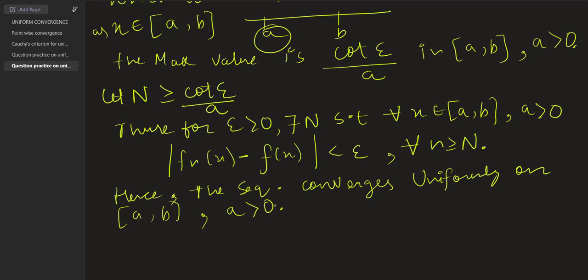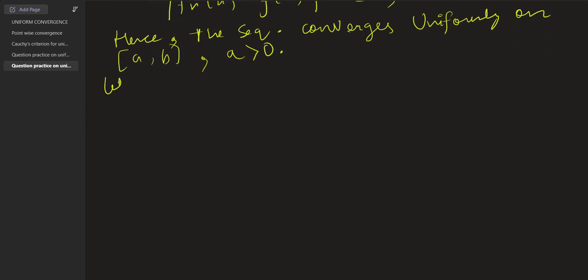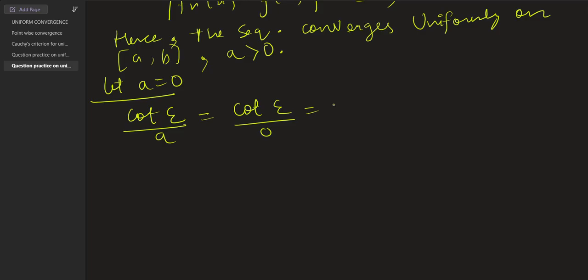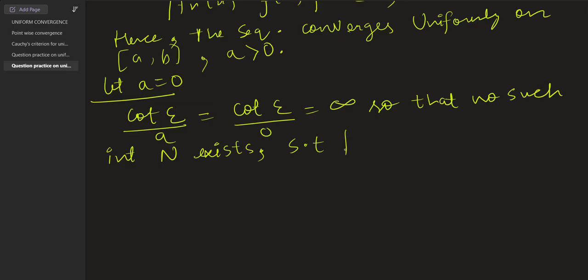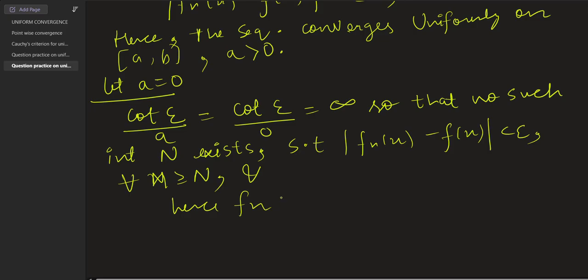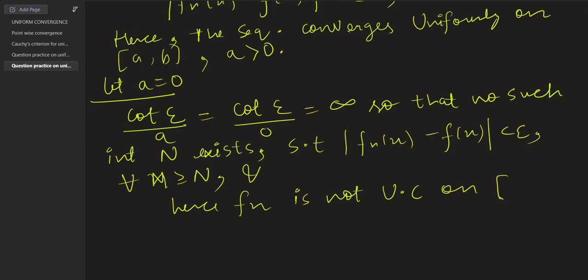So then what is the problem when a equals 0? If you take a equals 0, then cot(epsilon)/a becomes cot(epsilon)/0, which is infinity, so that no such integer N exists such that this condition holds for all n greater than or equal to 1, and hence fn is not uniformly convergent on (0, b).